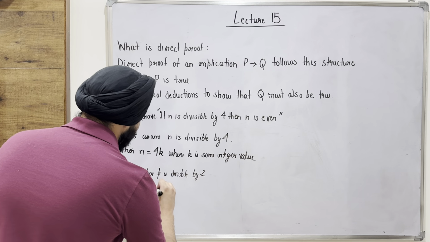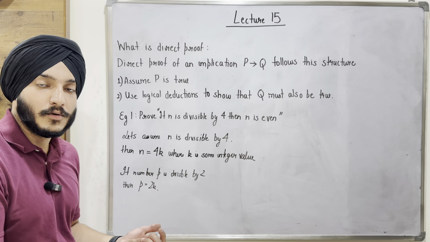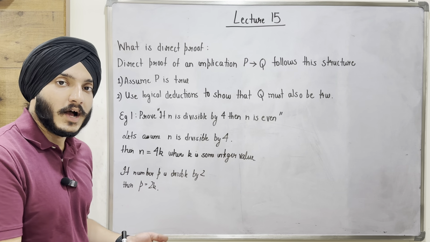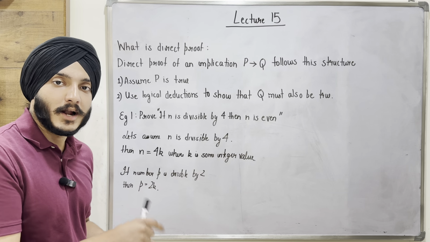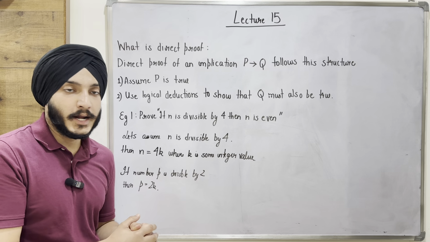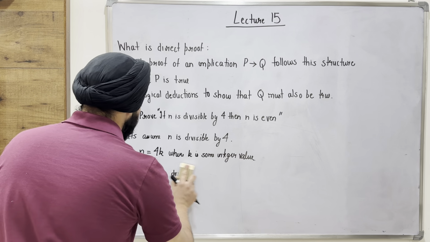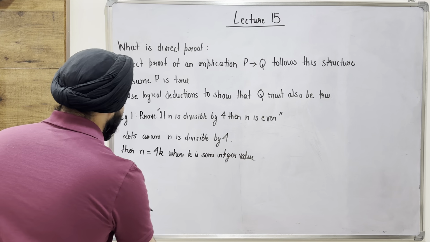For example, if I take the value 2, which is an even value, I can write 2 as 2 multiplied by 1. I can write 4 as 2 multiplied by 2. So every even number can be represented as 2 multiplied by some integer value. The basic point is that I'm supposed to reach the point where I can represent n equal 2 multiplied by some value. If I can do that, that means I've proven that it is an even value.